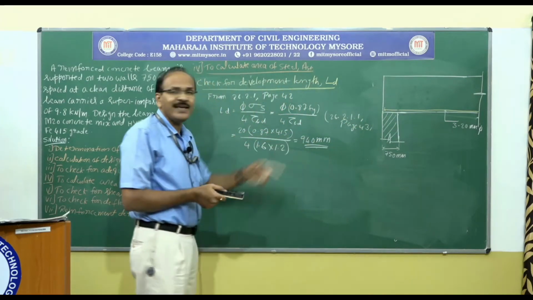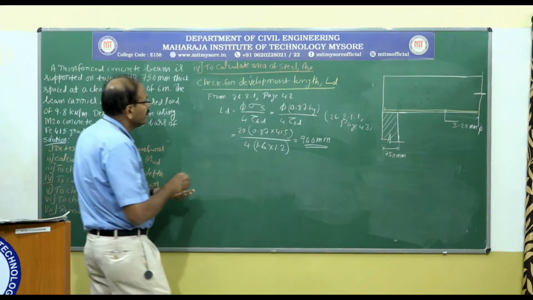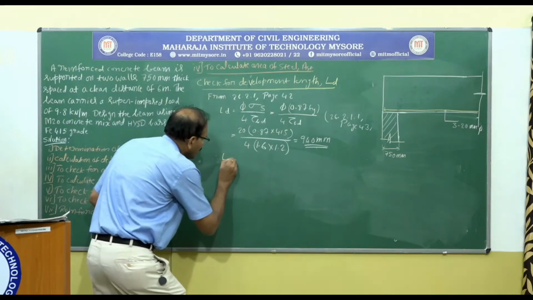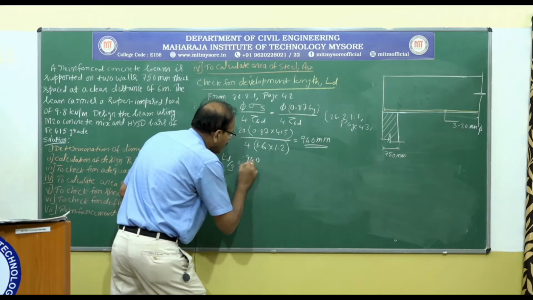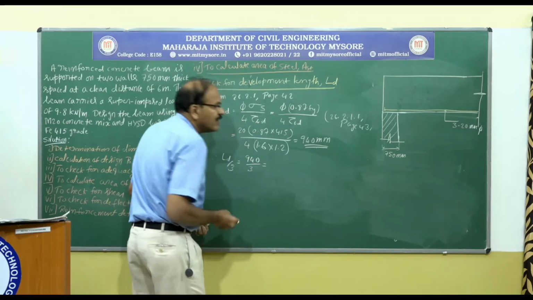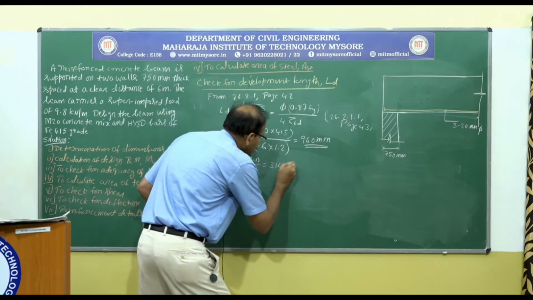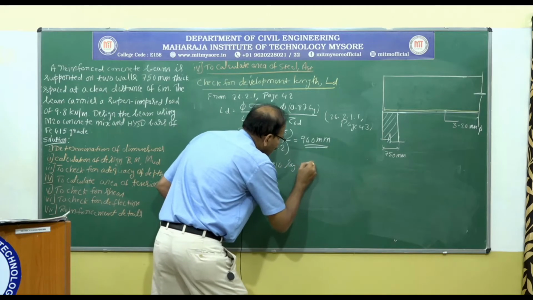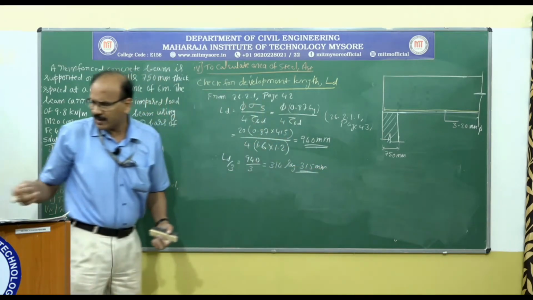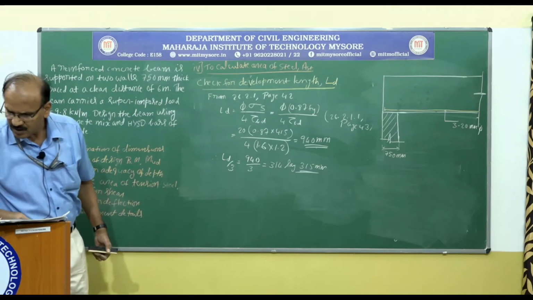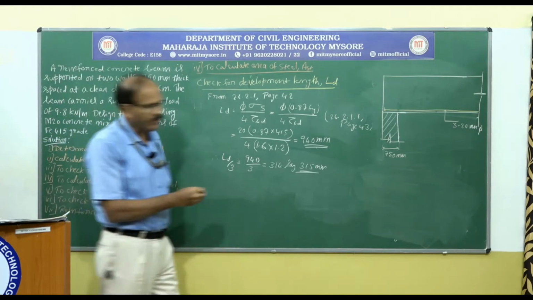So what is LD here? It is 940 millimeter. Therefore, LD/3 equal to 940 divided by 3, that is equal to 314, say 315 millimeter. Okay, that is as per 26.2.3.3a, page 44.